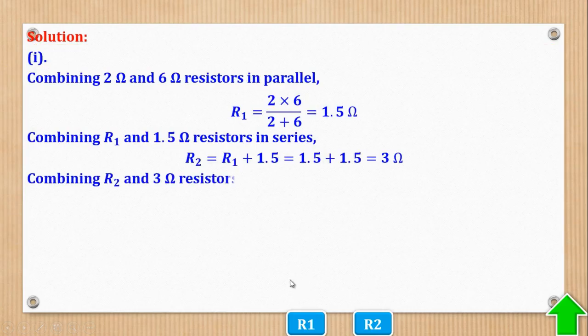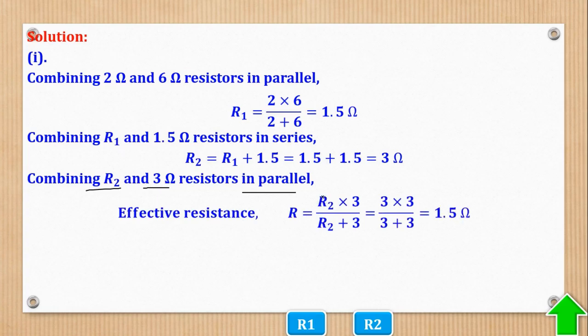So combining R2 and R3 in parallel, I'll come up with the effective resistance as product over sum to give you 1.5 ohms. And that's what they wanted in Roman 1.